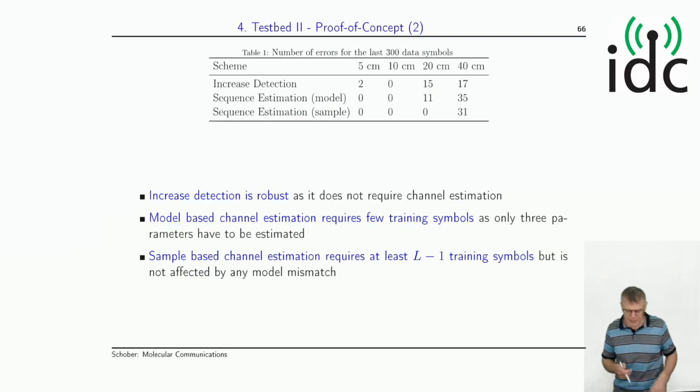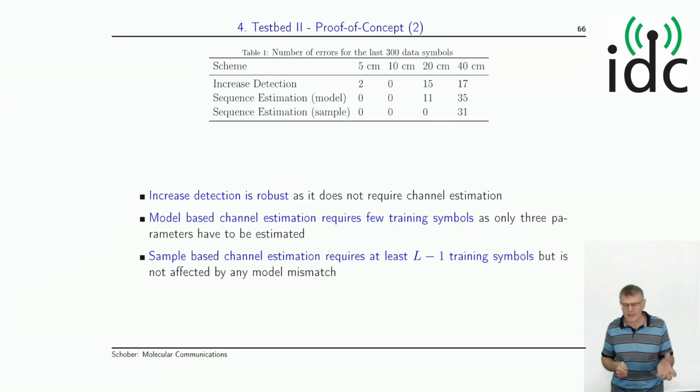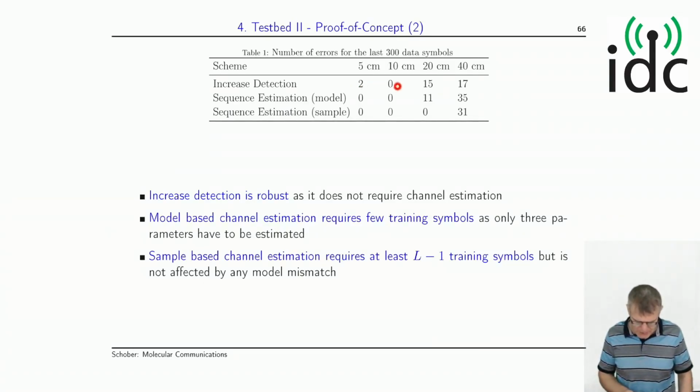And we compared 3 different detection schemes. The first one was a simple increase detection scheme. For this detection scheme, you just pick 2 points in your symbol interval, and you look whether the signal within the symbol interval has decreased or increased, right? And based on this, you decide whether a 0 or a 1 was transmitted, in the simplest case. And we see from the results here that this is actually quite effective, right?